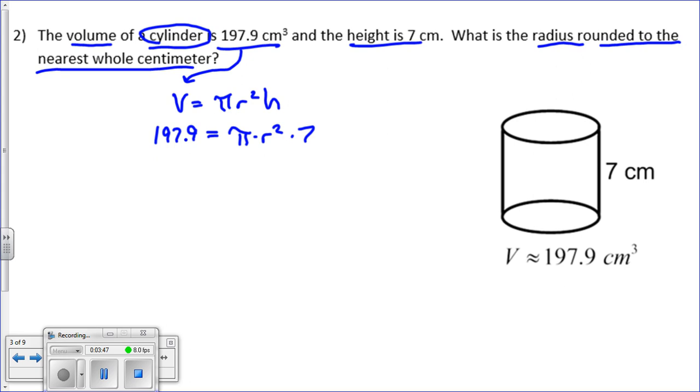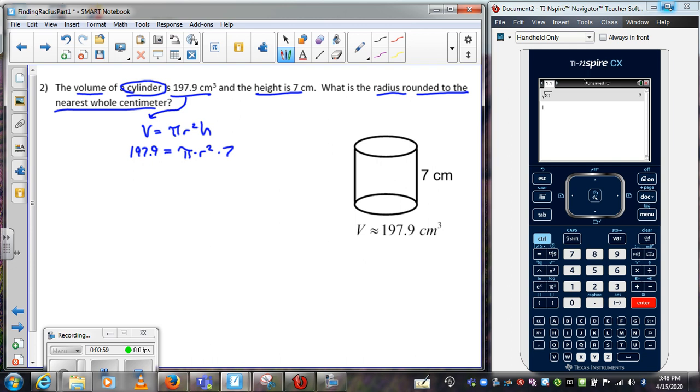Now, both sides don't have a pi, so I don't think I'm going to divide both sides by pi. I can if I want to, but what I think I'm going to do is multiply 7 and pi. So 7 times pi, okay.